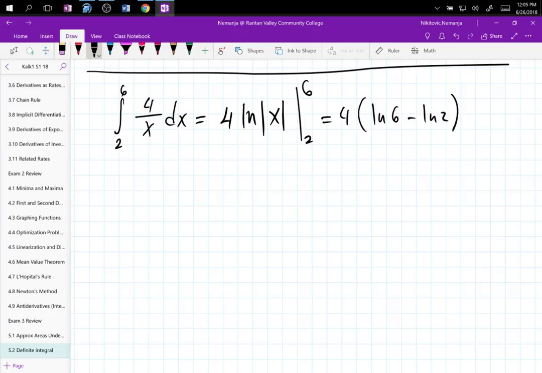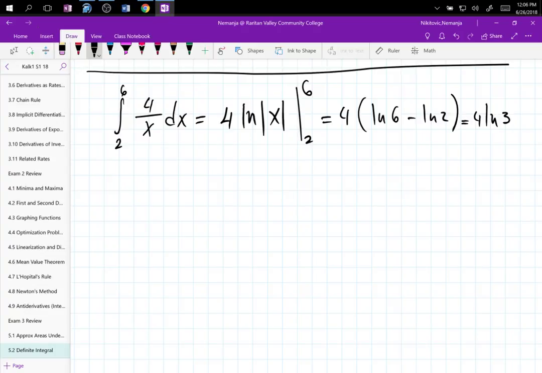So now, when I do this, we can use the formula. That's 4 ln 3, because subtraction of ln's goes in a division of the arguments. So 6 divided by 2 is 3. And if you really want to be cute, you can bring the 4 inside, and 3 to the 4 is 81, so it's ln 81.